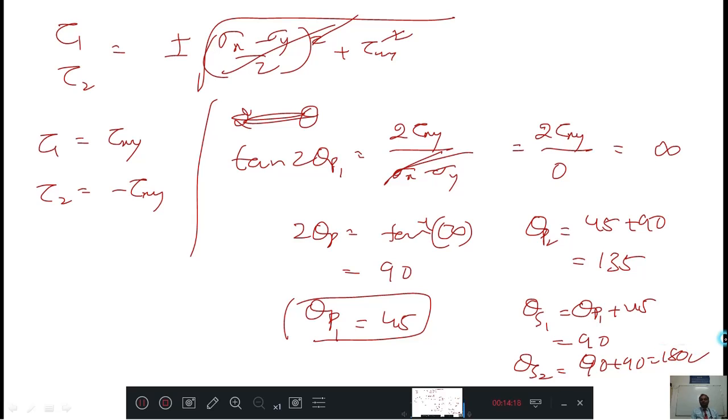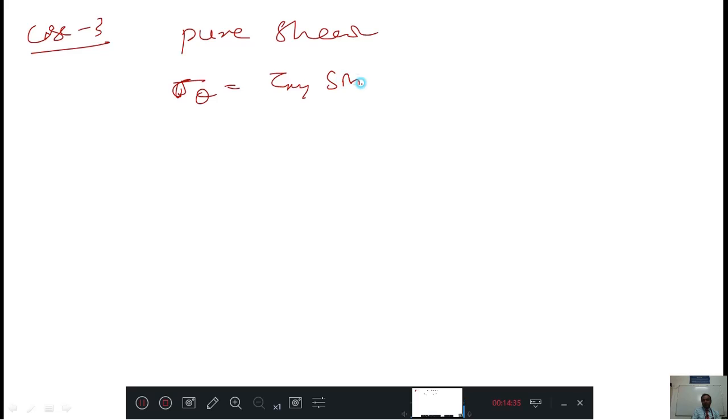Over. Then the conclusion for case 3, the pure shear case: sigma theta will be tau xy sin 2 theta and tau theta is minus tau xy cos 2 theta.